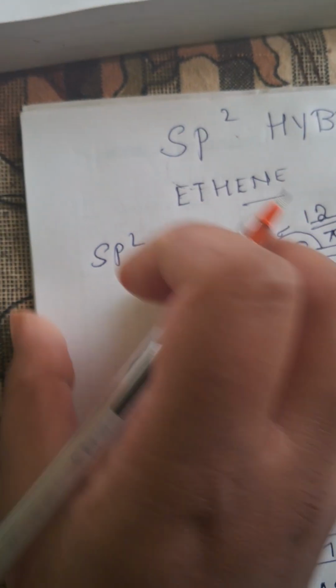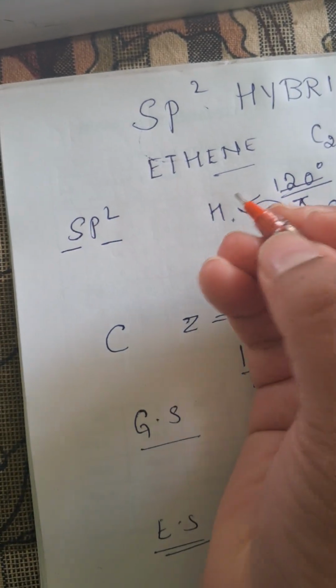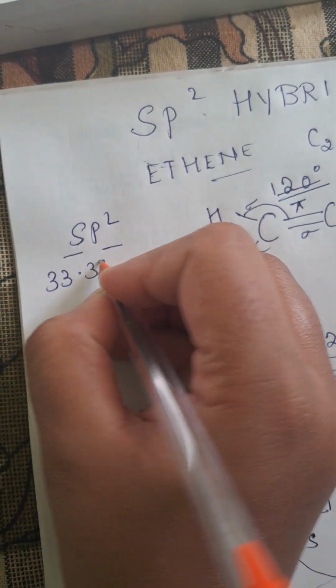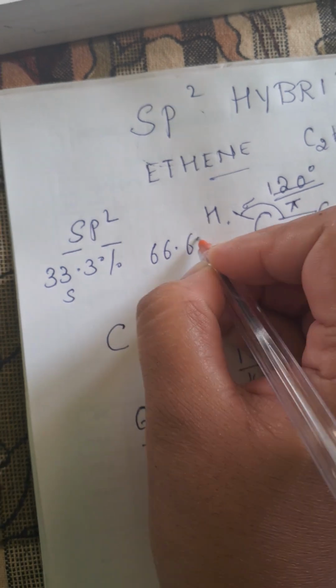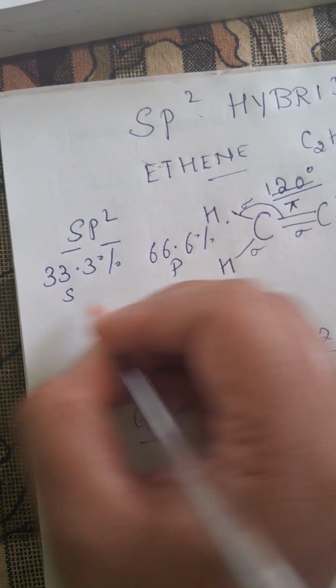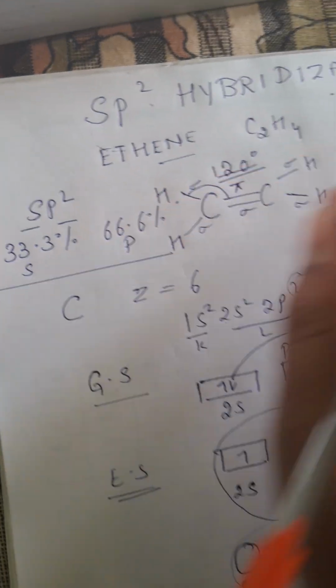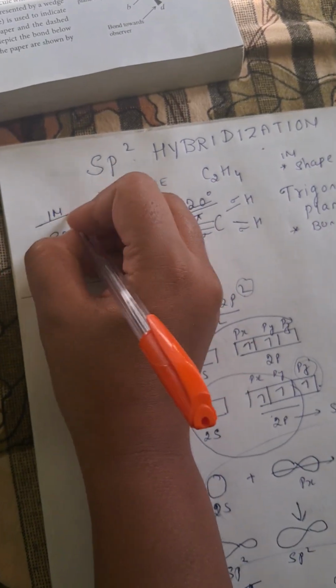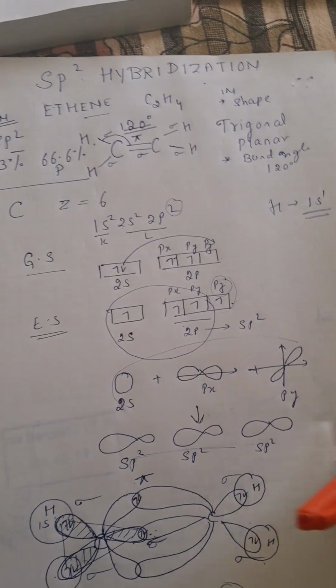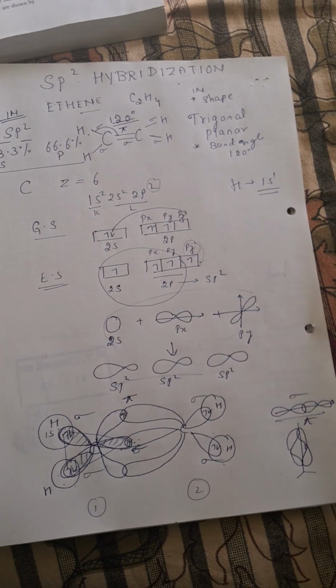For 100%, we are working out the composition. So we have 1s and 2p. So the composition here is 33.3% s character, and the remaining 66.6% is p character. So these are the important questions that can also be expected for 1 mark. So kindly focus on this particular concept. Hope this is clear. Thank you.